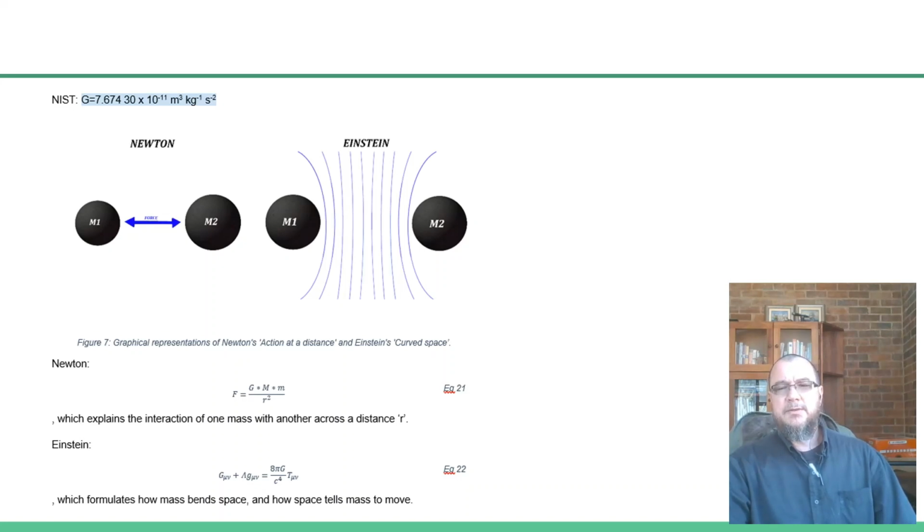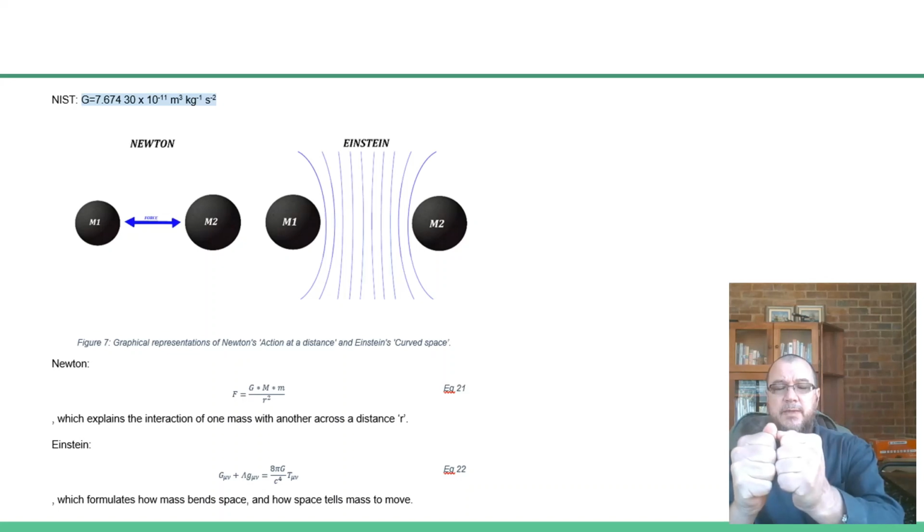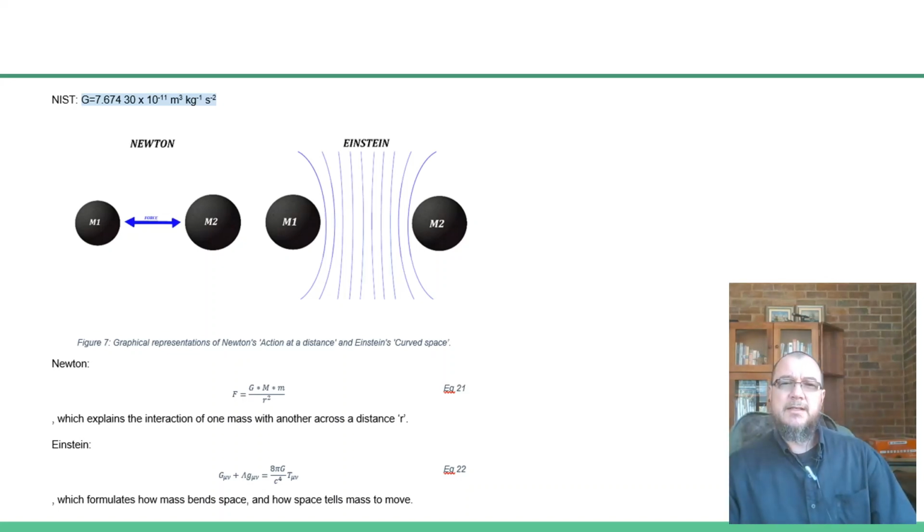In the case of Newton's theory, we understand that to be a pulling force between two masses. This is relative to the value of the two masses, and also relative to the inverse of the square of the distance between them. The net answer we get, though, is that there is a pulling force between two masses. How that pulling force arises or what causes it, we do not know.